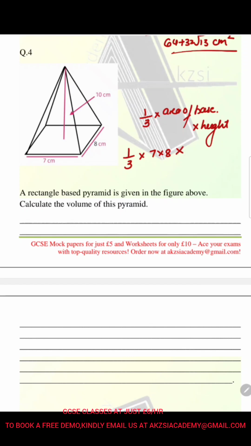So times 10. This is going to be 560 over 3. That's your final answer. Either you can convert it into decimal or leave it as a fraction. That's totally up to you. Centimeters cubed, that's the volume.